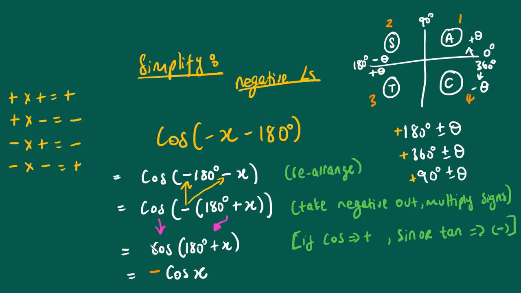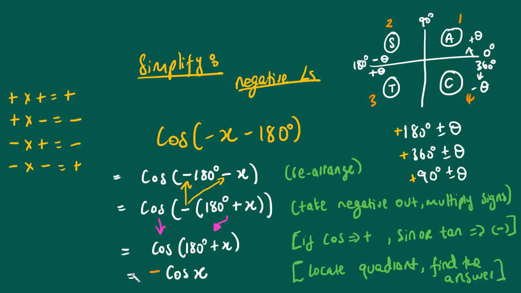But if it was tan and sine, we're gonna put negative. But don't forget to write this exactly the way it is inside. Don't forget to do that. And then after that, you locate the quadrant, and then you find the answer. So locate the quadrant, then you find the answer. Find the answer, then you should be good.